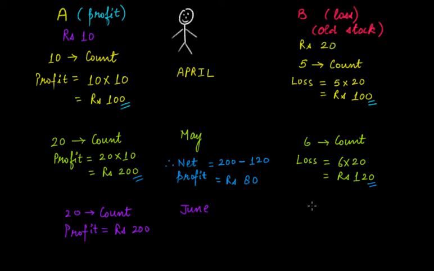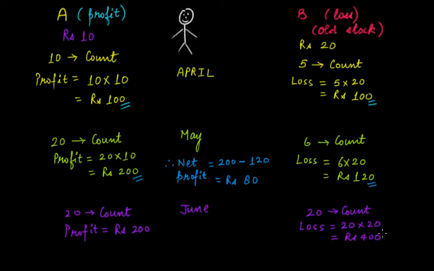But in the month of June, you sold 20 number of item B. So what loss will you make in this month? Since for one item B you'll incur a loss of rupees 20, for 20 count, how much loss will you incur? The loss incurred will be 400.